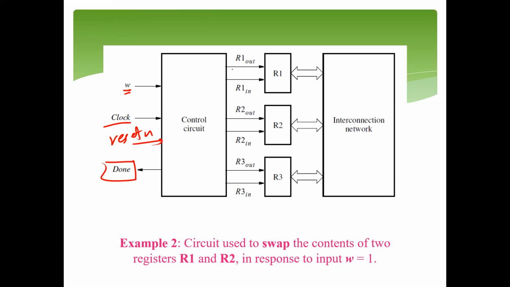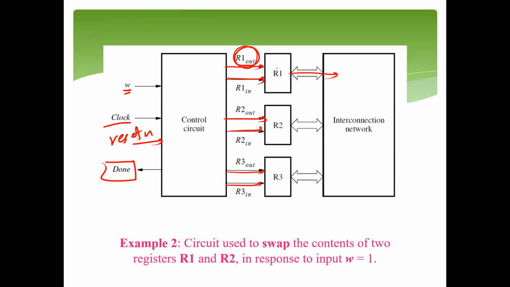Now this control circuit will have 6 outputs, 2 outputs for each register. One will tell the register to output its value to an interconnection network. This interconnection network is basically a bus between all these registers. This is a bus.